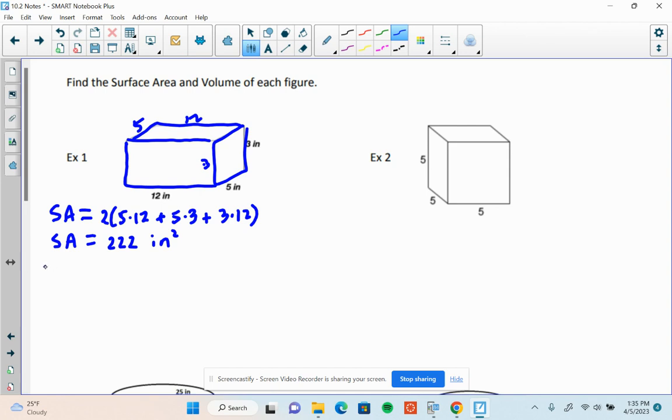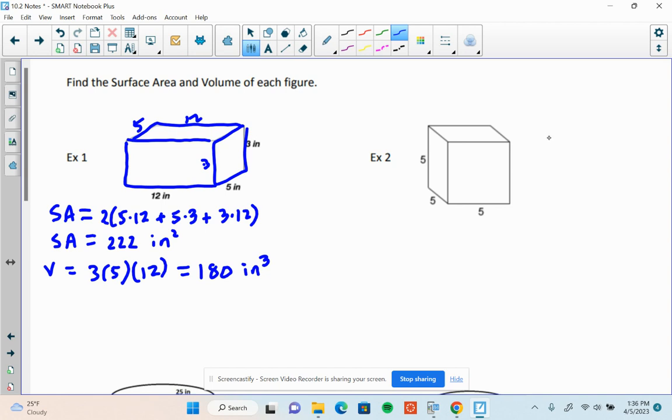And then for the volume, we'll do V for volume. The volume is going to be really easy. It's 3 times 5 times 12, length times width times height. Multiply them in whatever order you want, and when we multiply that out, that's going to come out to 180 cubic inches, or inches cubed. And it's just that easy.